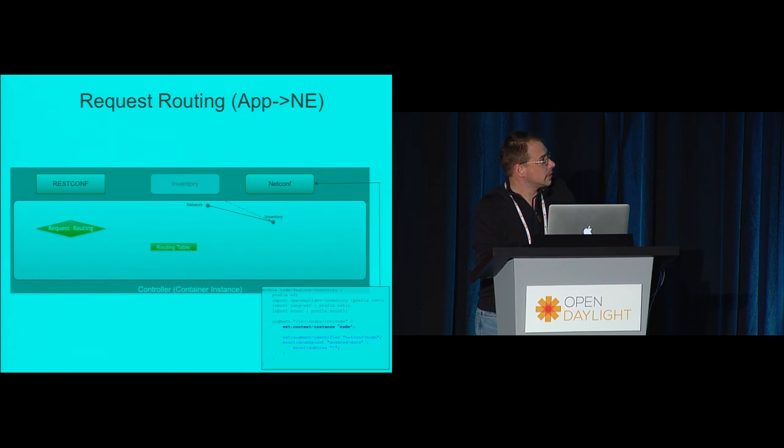This is actually an example of how routing requests would happen from an application to a network element. An application, again, is built on top of the controller, so you would make requests through the RESTconf or netconf interface.